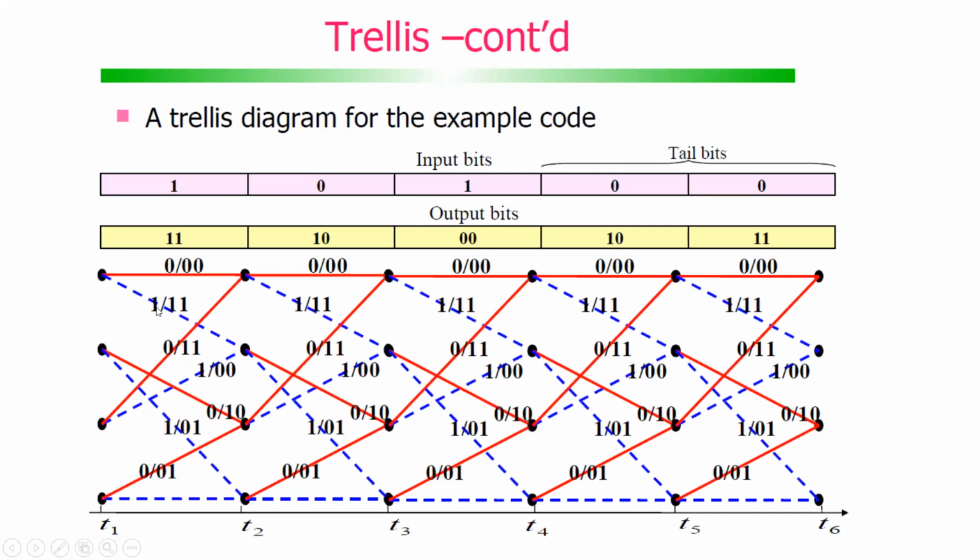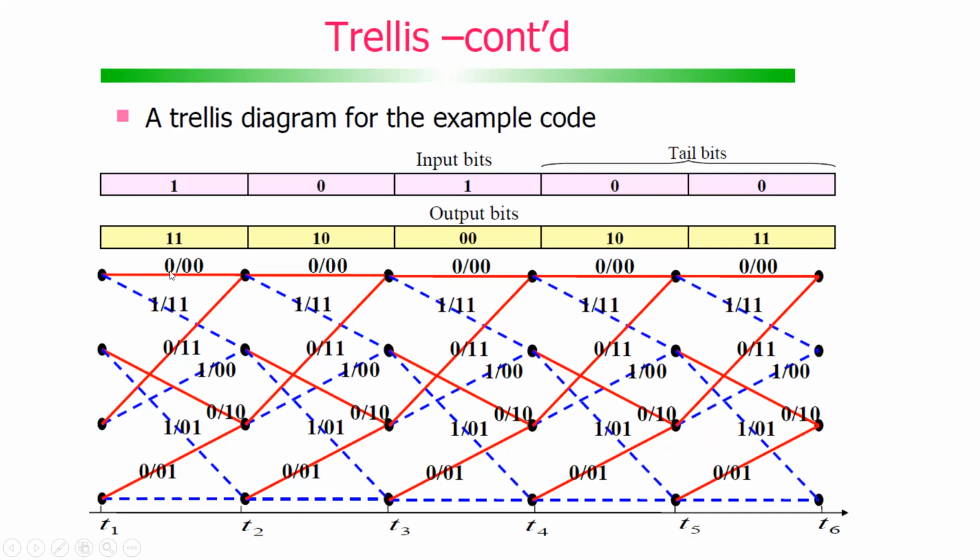So what is the difference? When the input bit is 0, going from the previous state, this dot, to the next dot, that means the previous state to the next state, is represented using a bold line.